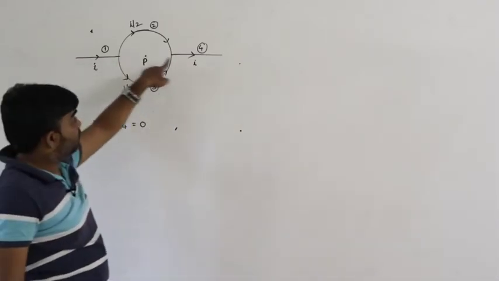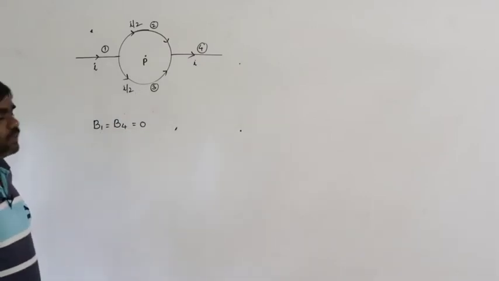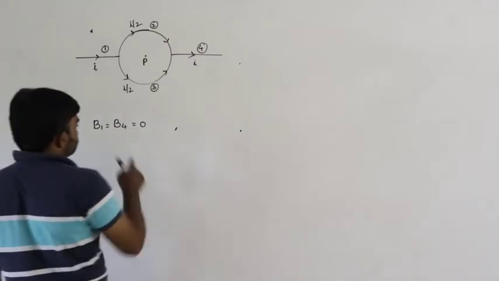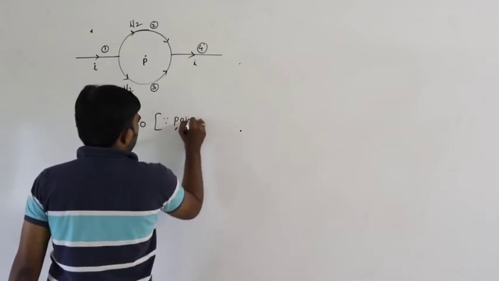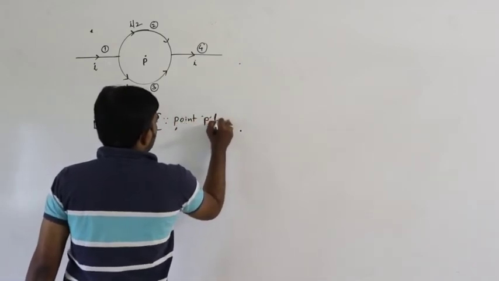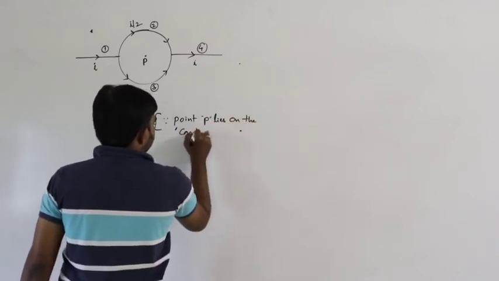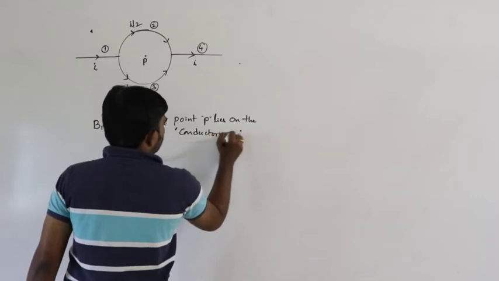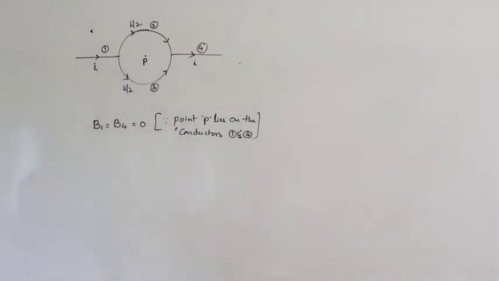For the first one and fourth one, the point P lies on the conductor. So that's why the magnetic field is 0, since point P lies on conductors 1 and 4.